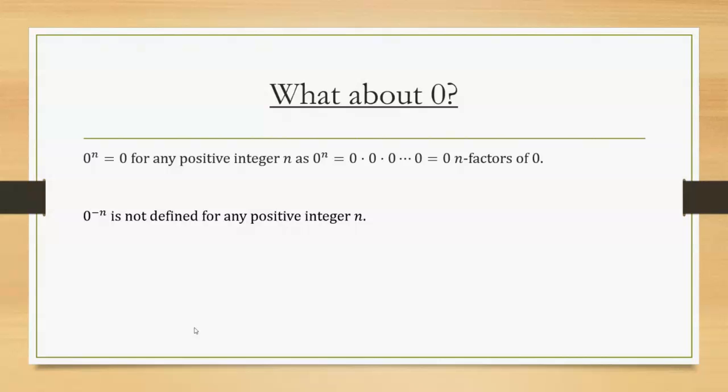Well, that's not defined, mostly because you can't divide by 0. So 0 to the negative n, again, n is a positive integer, is not defined. In particular, 0 to the 0 doesn't exist. It's not defined either. It's not 1, it's not 0, it's nothing.